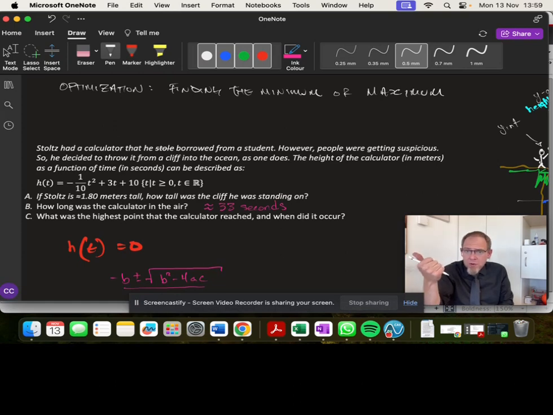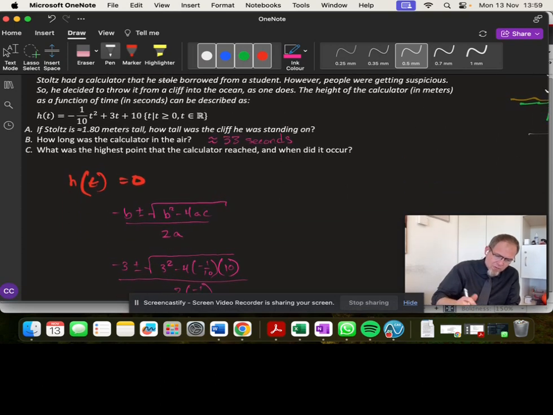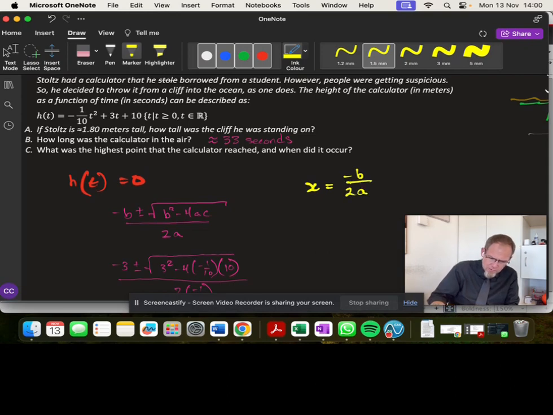If you complete the square, you have the vertex. This is in standard form or general form right now, so I'm not gonna complete the square. I am just going to use the formula for the axis of symmetry.